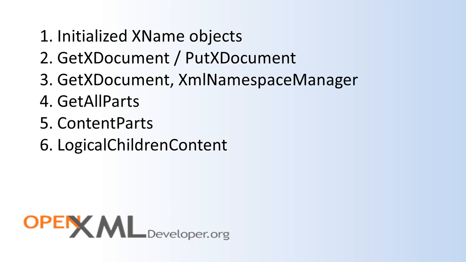You have to take into consideration the alternate content markup that may be in existence in an Open XML word processing ML document. The logical children content extension method helps you in completely accurately returning the text of an Open XML word processing ML document.